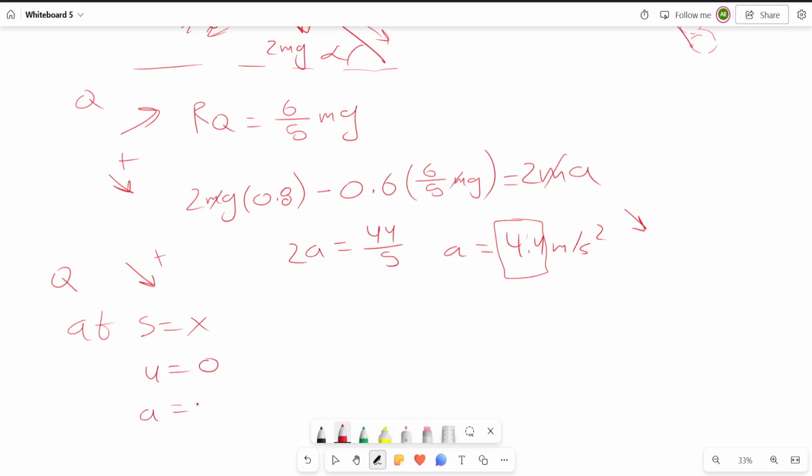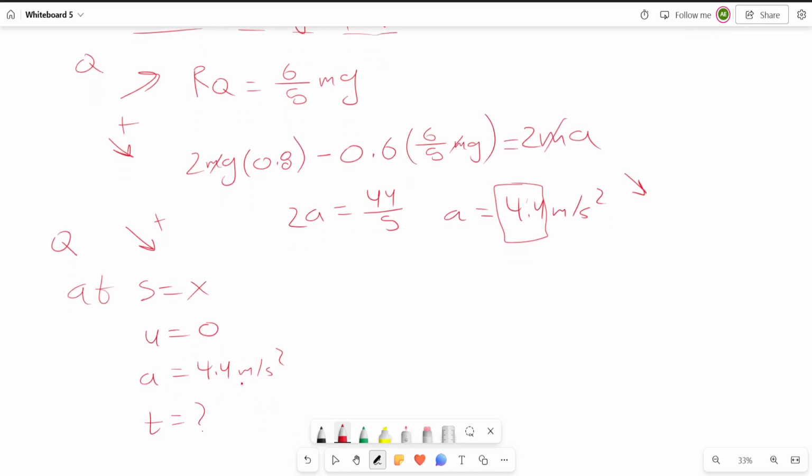My a is in the same direction as 4.4 meters per second squared, and I want the time where all of this happened, because the question asks about the time when they collide. So I didn't mention v, so I will use the equation without a v. So it's s equals ut plus half at squared. So s is x equals ut, which is 0, plus half times a, which is 4.4, times t squared.